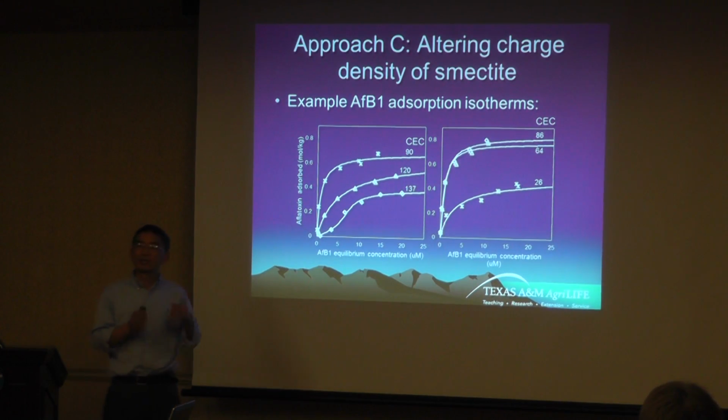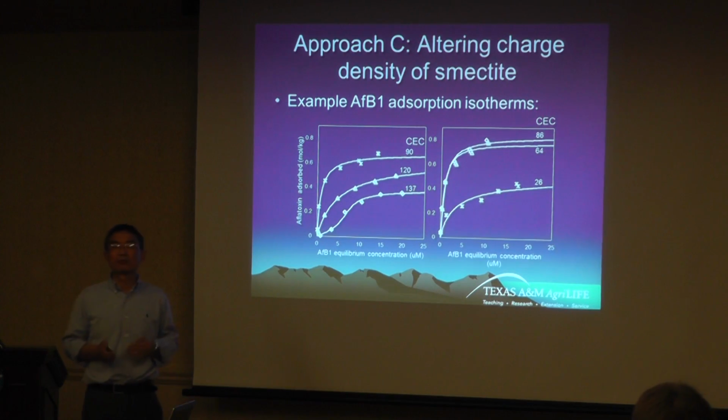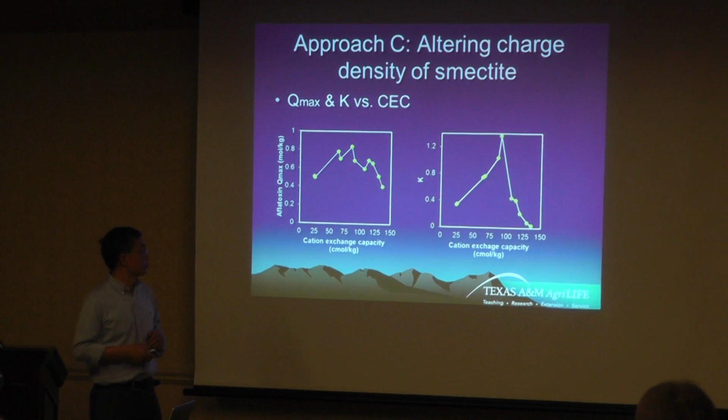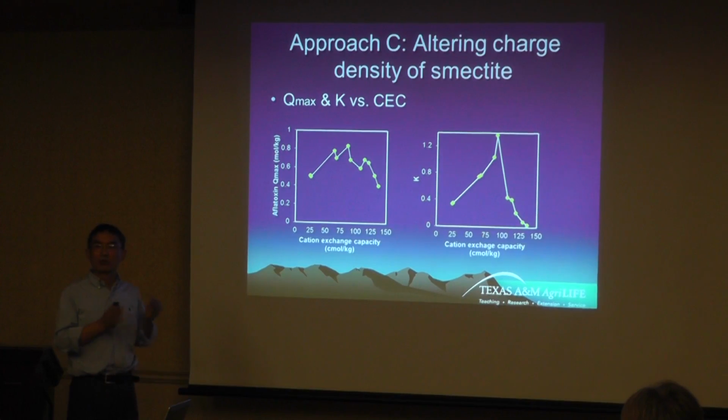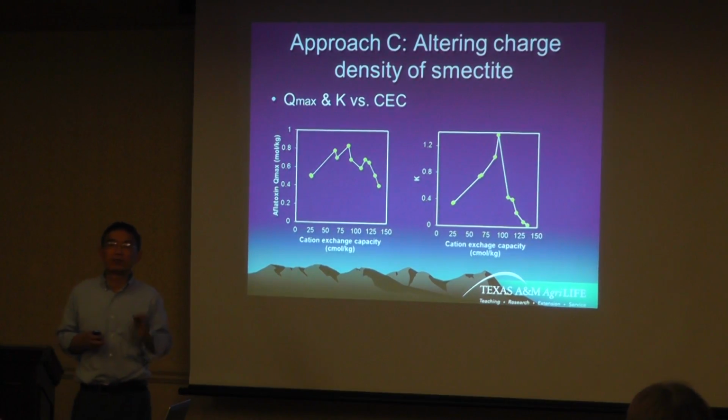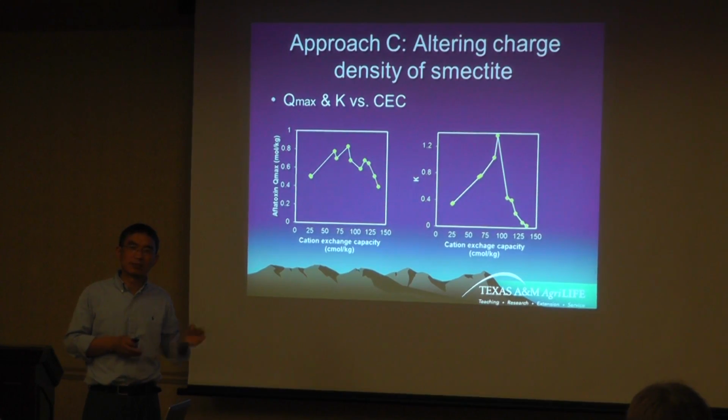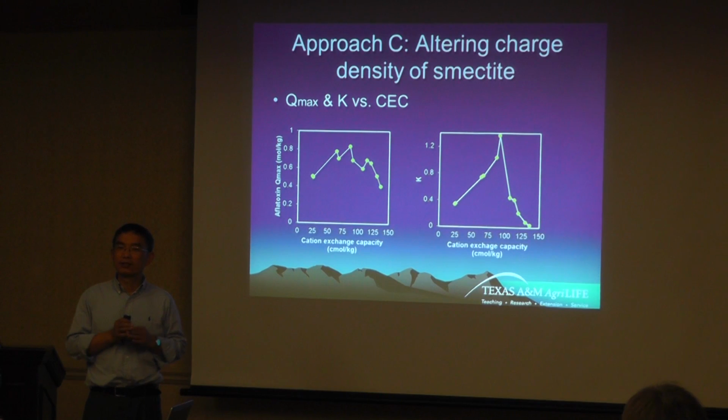So it appears there is one optimal CEC, or cation charge density, on the clay. If we plot the other data, it's also about 100 or 110. That's the optimal CEC. So this is the clay we're looking for when we go to the field. If we want to find a good clay, look for smectitic clay with a CEC of about 100 to 110.